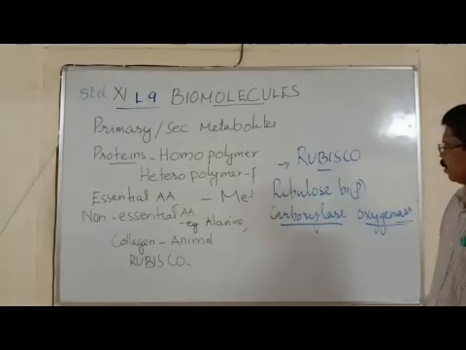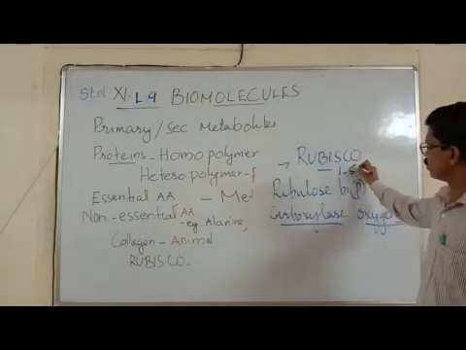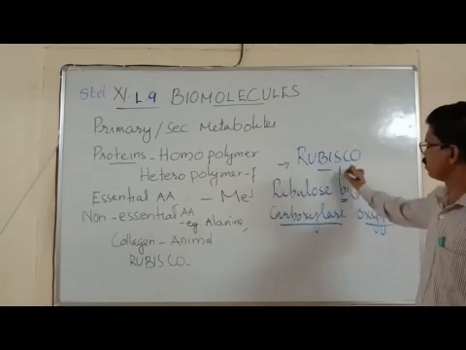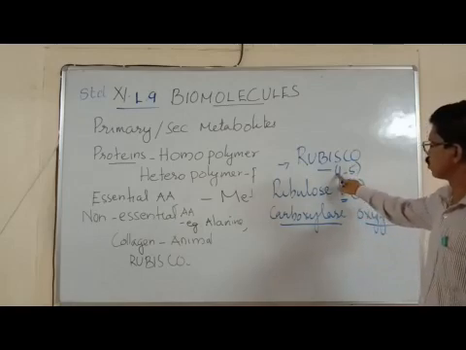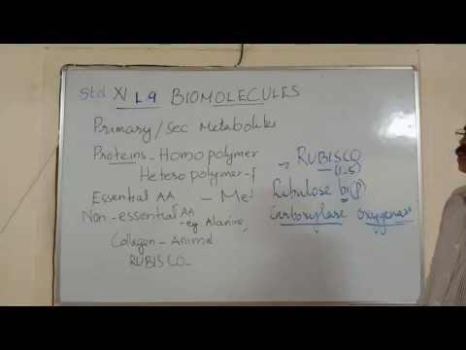Ribulose 1,5 biphosphate. Bi means 1,5. We will study that in detail later. I am not confusing you. So you can see the most abundant protein present in the world, that is present in plants as well.